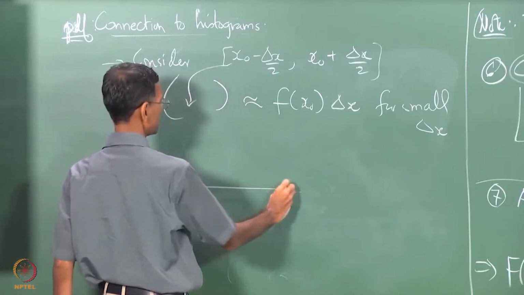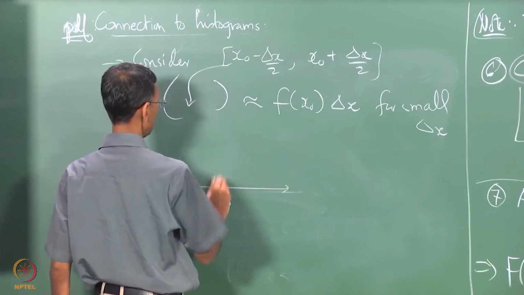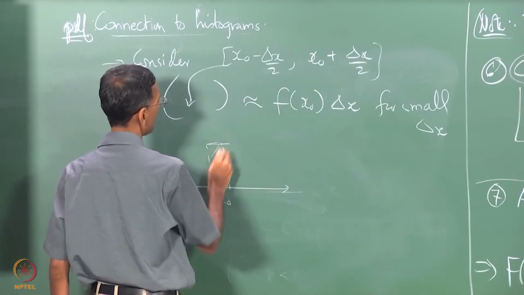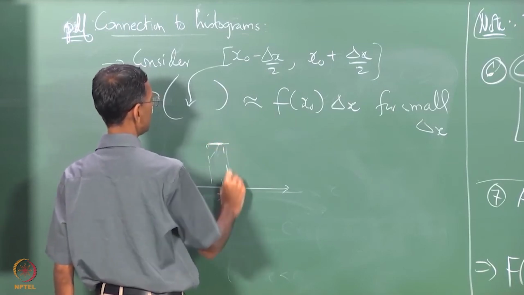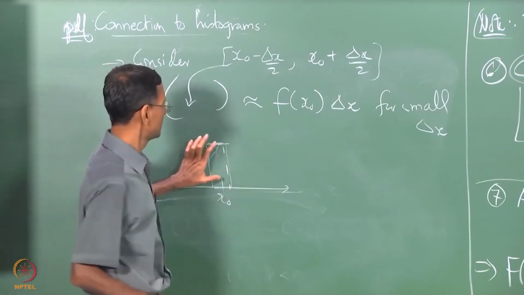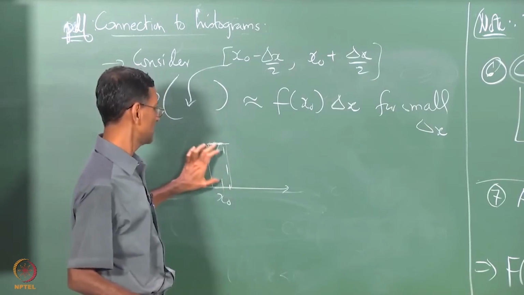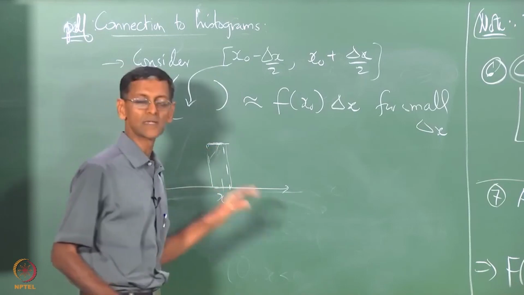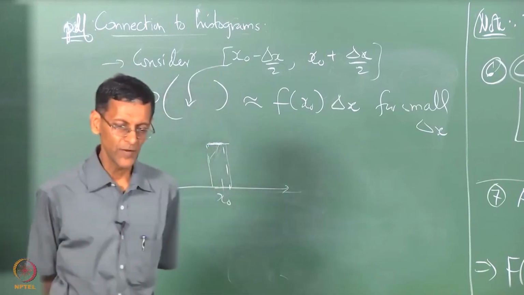If I plot this x naught and run the experiment many times, assume that this interval occurs some n of x naught times.